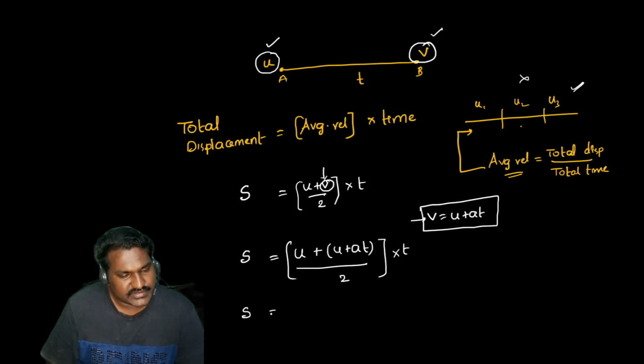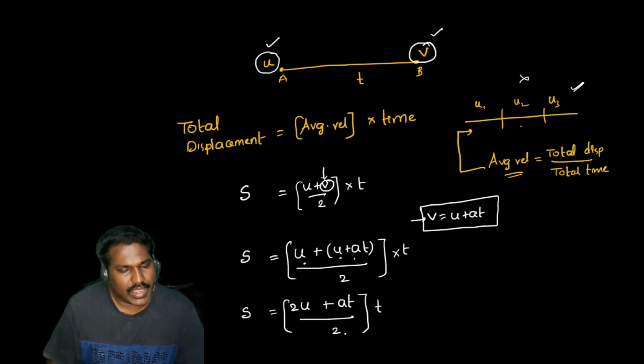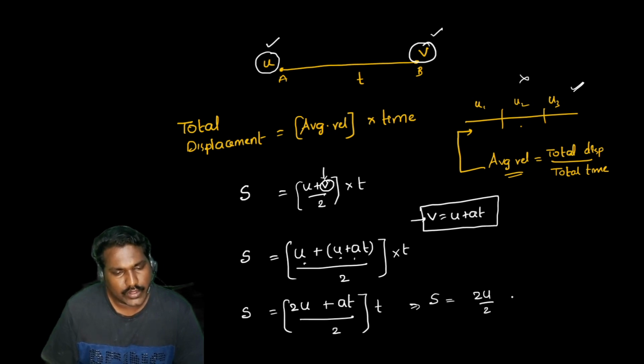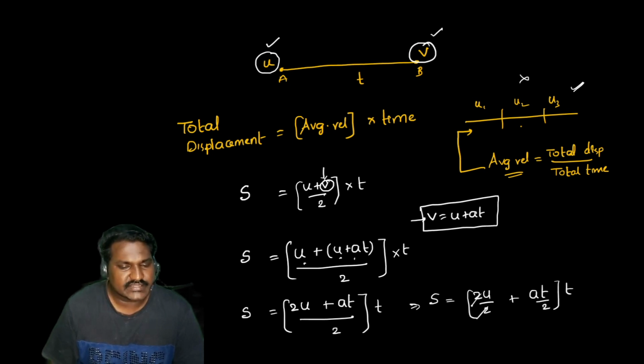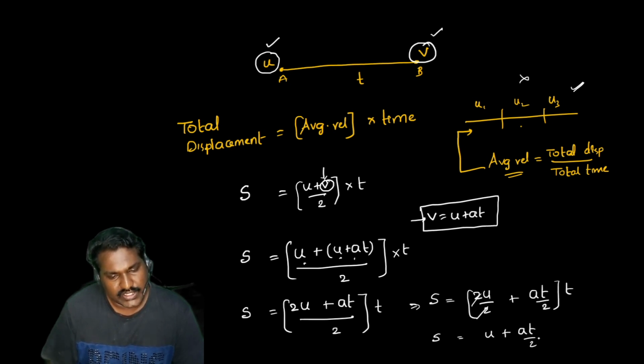That becomes s is equal to 2u plus at by 2 into t. Now I will split the denominator across both numerator terms. So s is equal to 2u by 2 plus at by 2, into t. The 2 gets cancelled, so s is equal to u plus at by 2, into t.